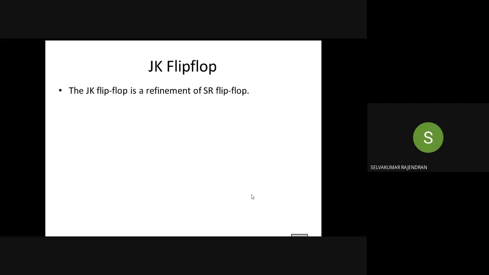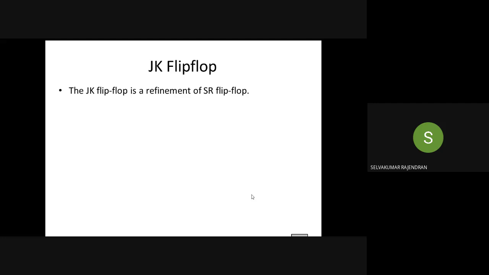That means S equal to 1, R equal to 1 is an invalid input combination for SR. To avoid that condition, we go for a refinement of SR. That's why we designed the D flip-flop, and now we focus on another kind of flip-flop, the JK flip-flop.